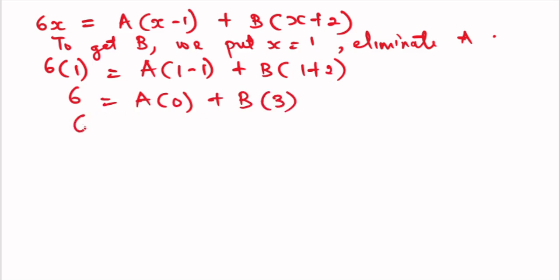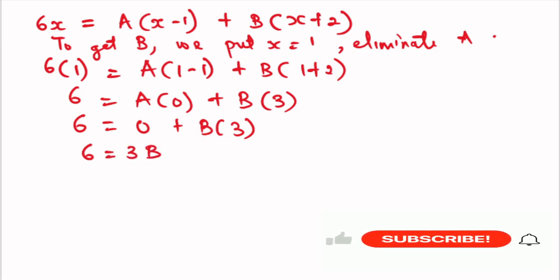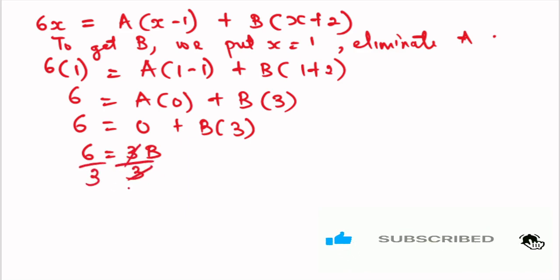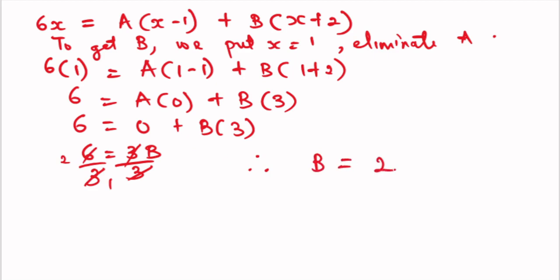So we're left with 6 equal to A times 0 is 0 plus B(3). 6 is equal to B times 3 gives us 3B. So when we divide through by 3, 3 here 1, 3 and 6 is 2. So therefore, B is equal to 2.